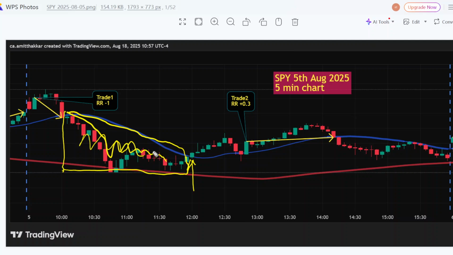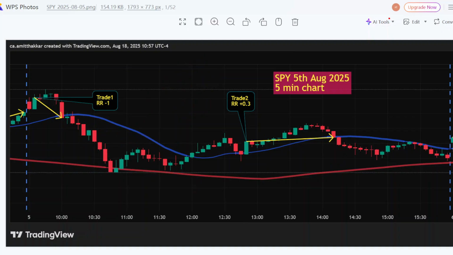And as you know, between the two moving averages, it's our no trade zone. Even if there is some good price action, we are not going to trade between both the moving averages, 20 and 200. So till 12 o'clock we don't get any trade.